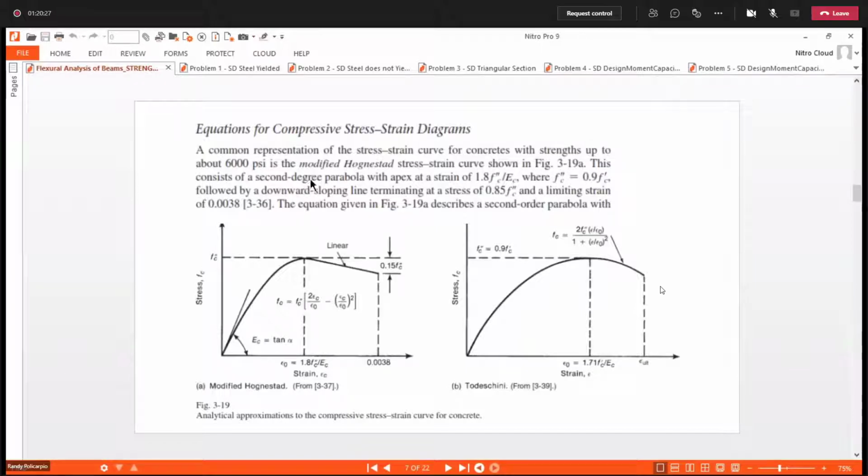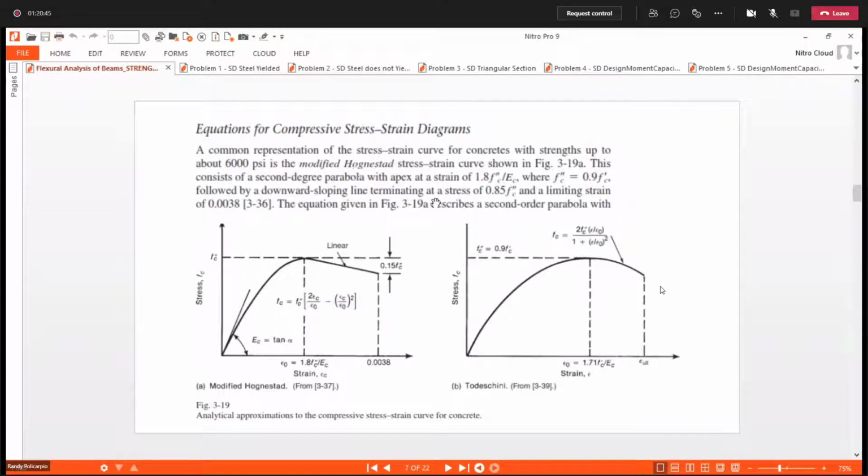We call it as the modified Hognestad stress strain diagram. Sabi dito, a common representation of the stress strain diagram or stress strain curve for concrete with strength up to about 6,000 psi.